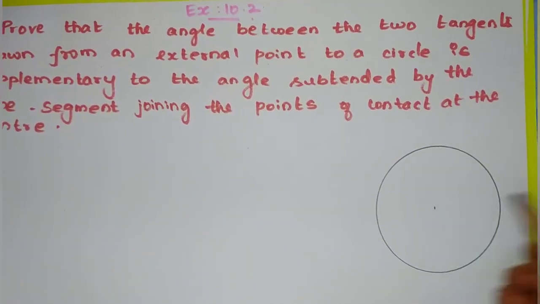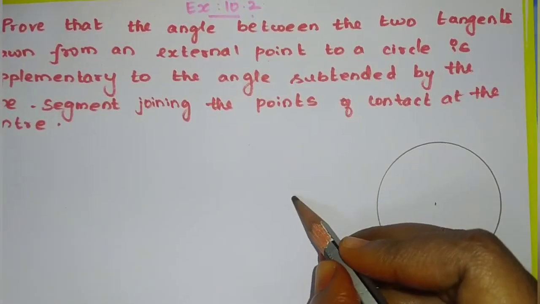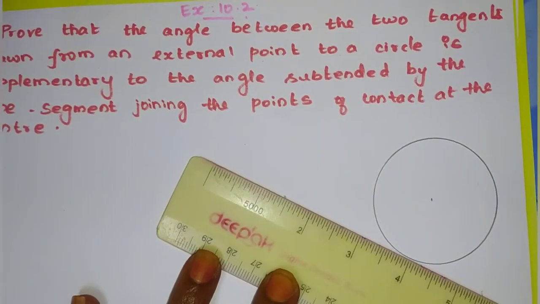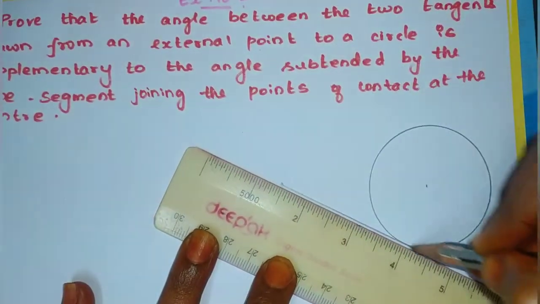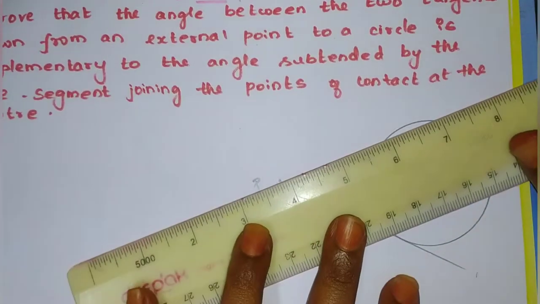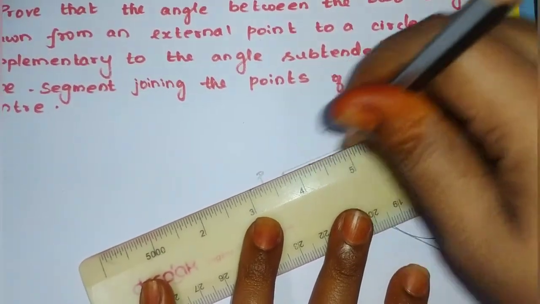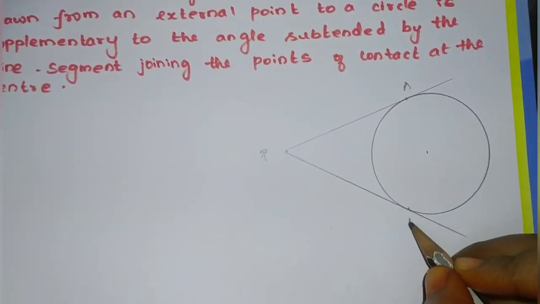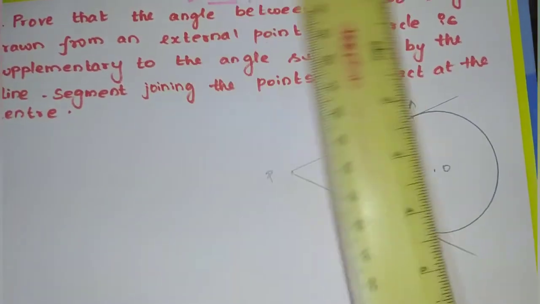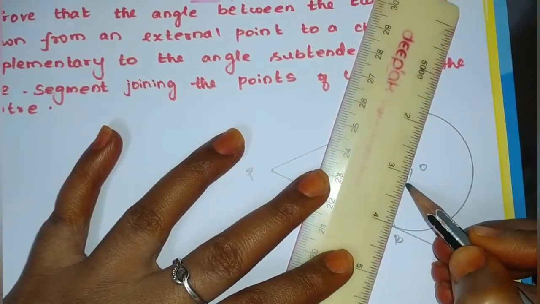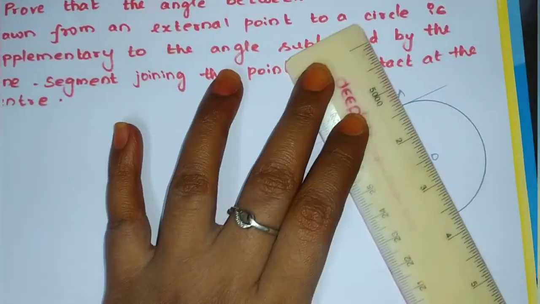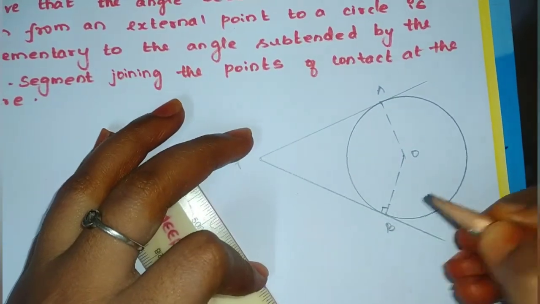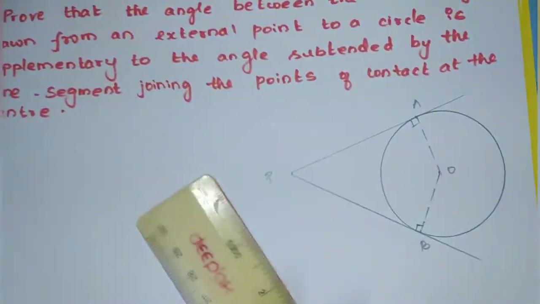So first you have to draw tangents from the external point P. Okay, this is A. Mark this as B, center O, and join OB. OB will be the radius, and this is 90 degree and this one is 90 degree. Clear, children?